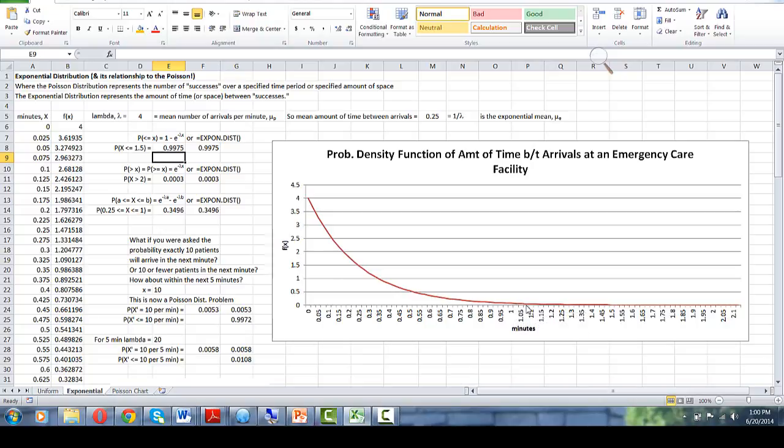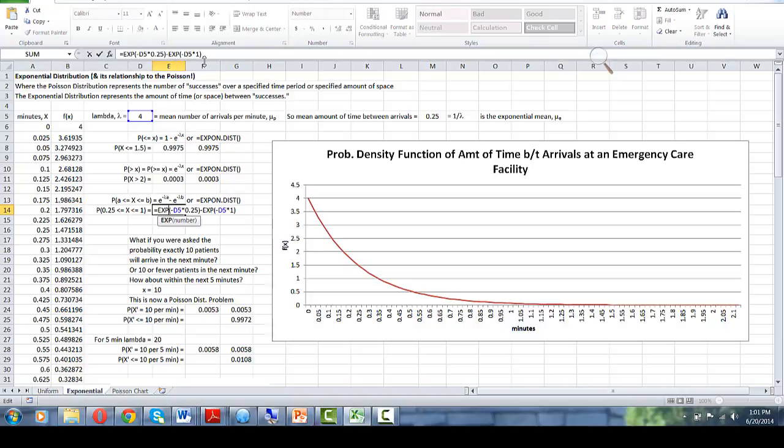Okay, so you're subtracting this a little bit here. So you're taking e to the minus lambda times 0.25 minus e to the minus lambda times 1.